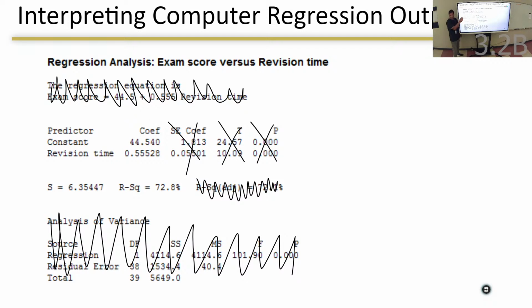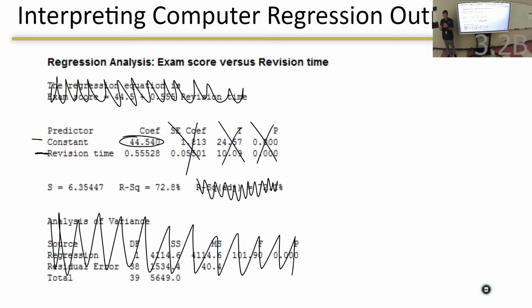At some point on any one of these computerized outputs, you'll see COF. And one of those COFs lines up with a constant, and one of those COFs lines up with a variable. Always. The COF and the constant is always your y-intercept, because a coefficient of a constant doesn't really make sense.